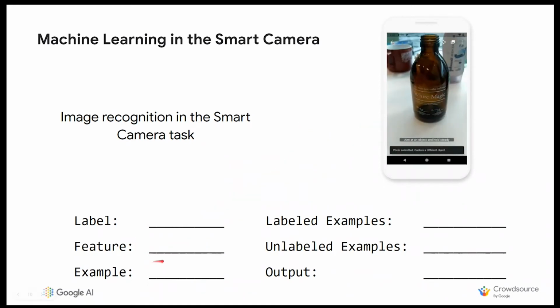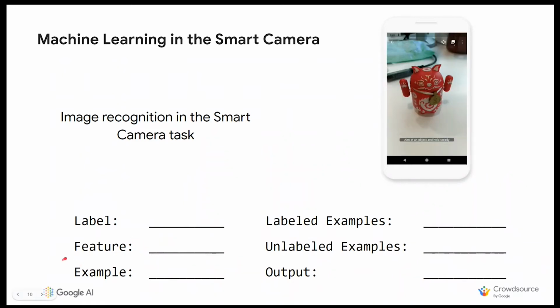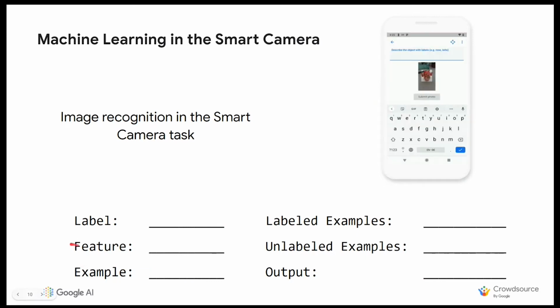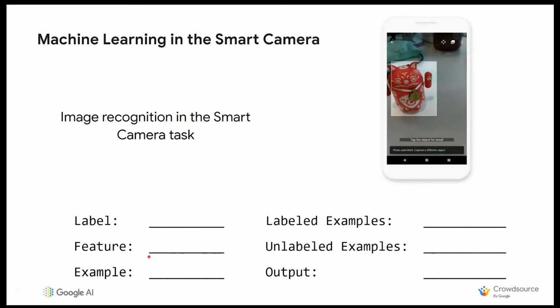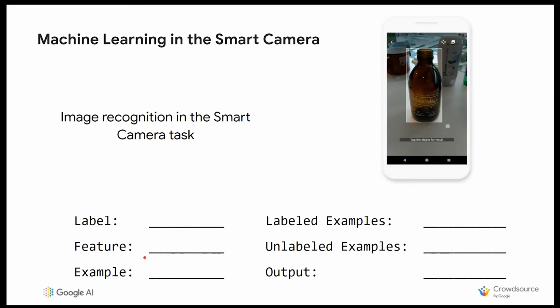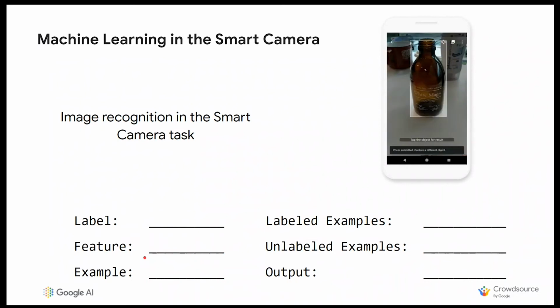So what can be the features for this example? You can relate features to the input to the model. So what is the model taking? The images, right? So the feature of this model will be the images in this particular scenario. If you look into the stock market, the features for the stock market would be the stock prices.